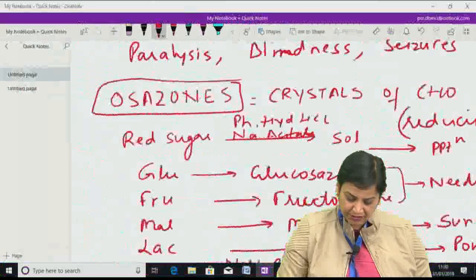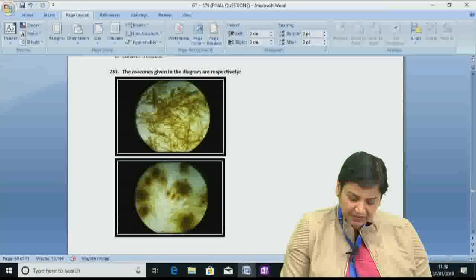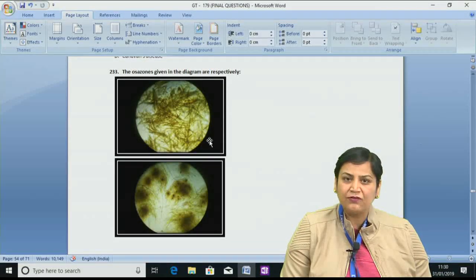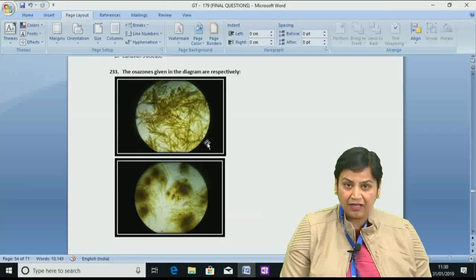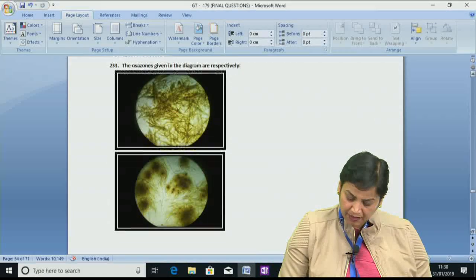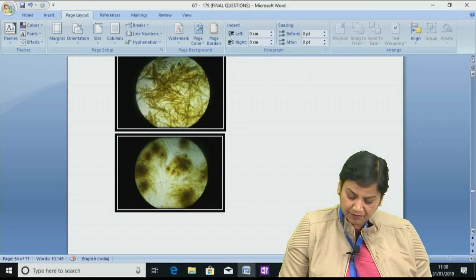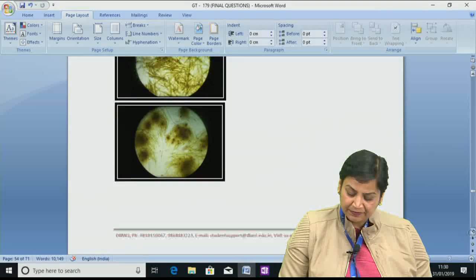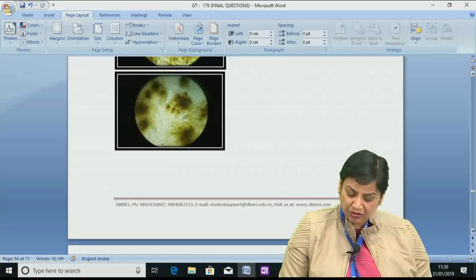Now let's see the question. Here you can see this is what? If we see the first picture, it is a bundle of hay or needle-like. It is glucose. Second is powdery puff. Powdery puff is of maltose or lactose.